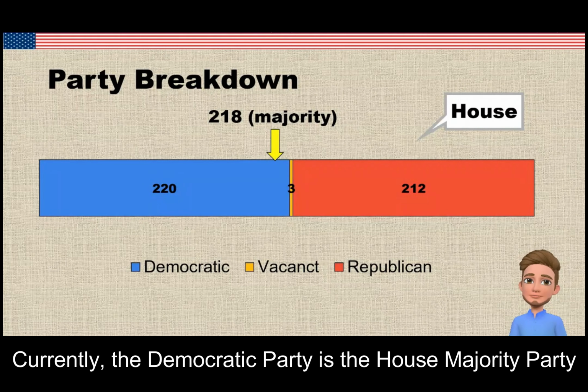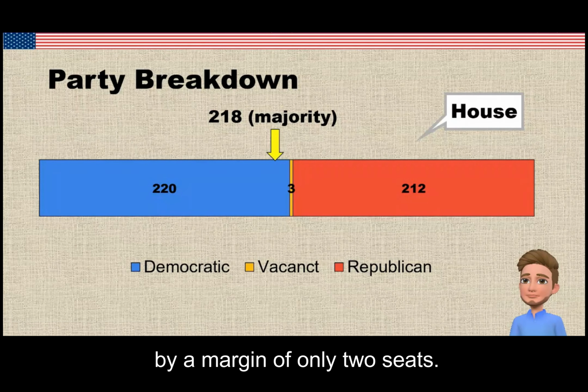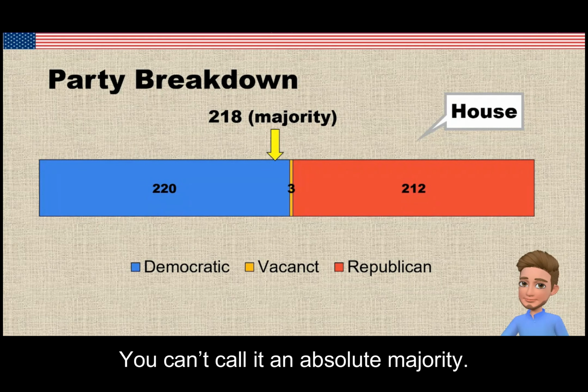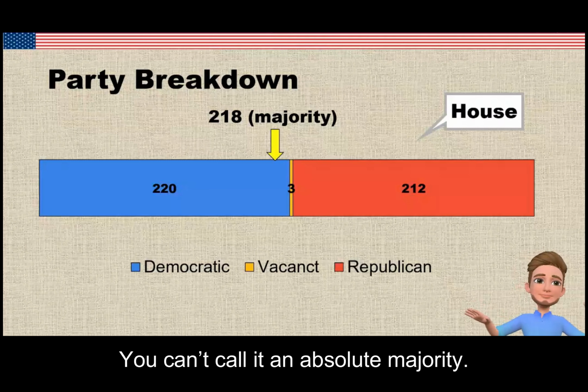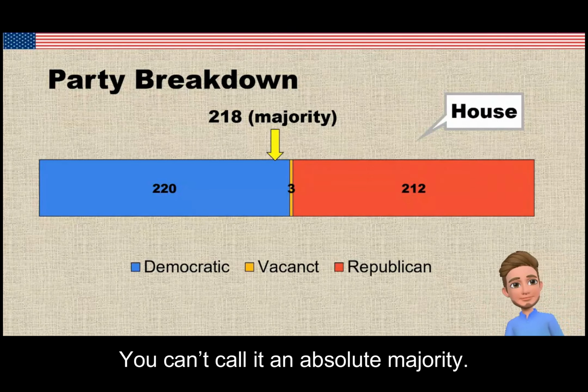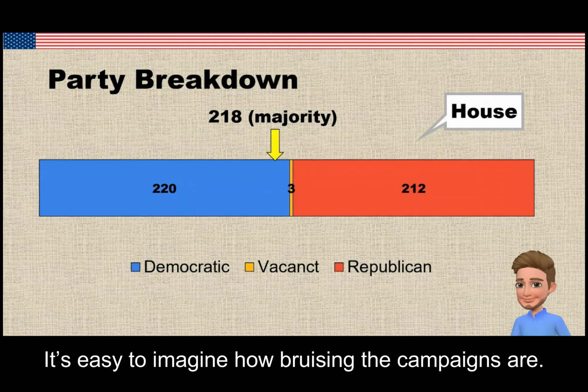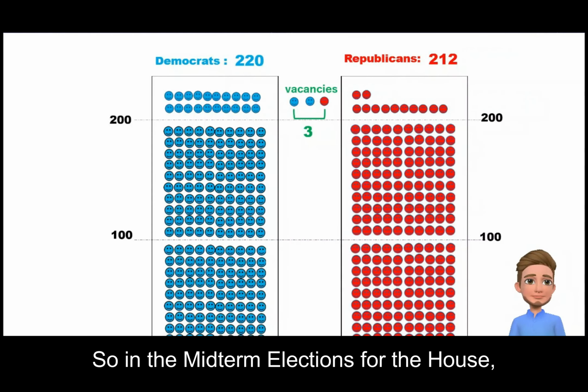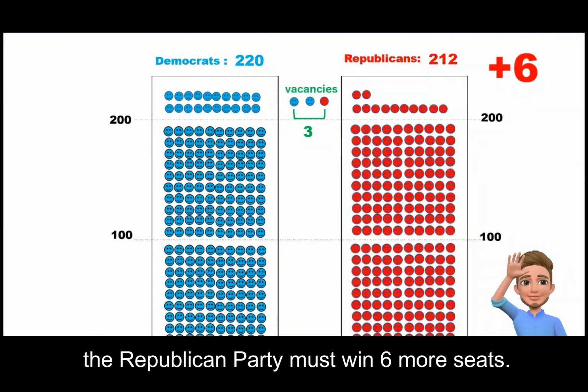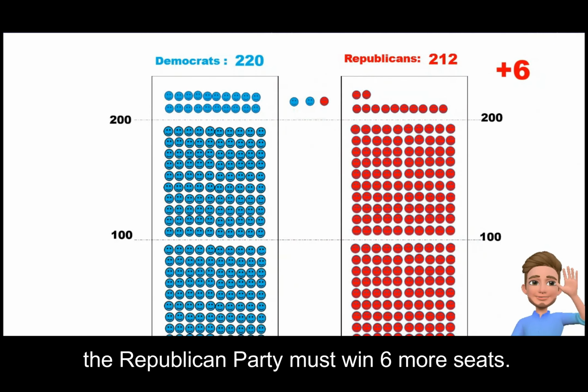Currently, the Democratic Party is the House Majority Party by a margin of only 2 seats. You can't call it an absolute majority. It's easy to imagine how bruising the campaigns are. So in the midterm elections for the House, the Republican Party must win 6 more seats.